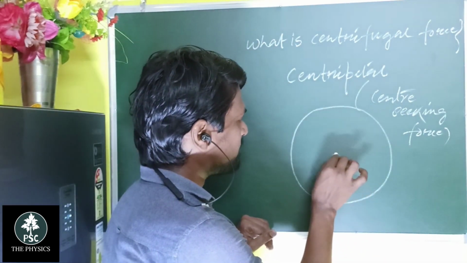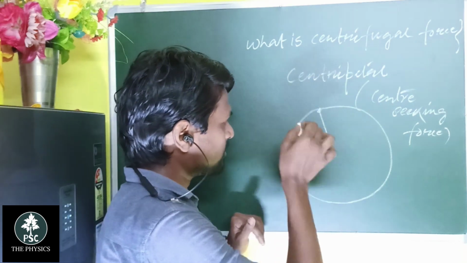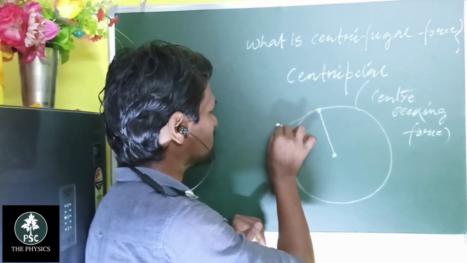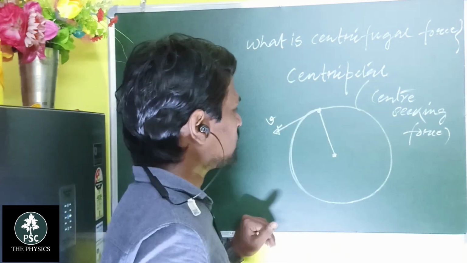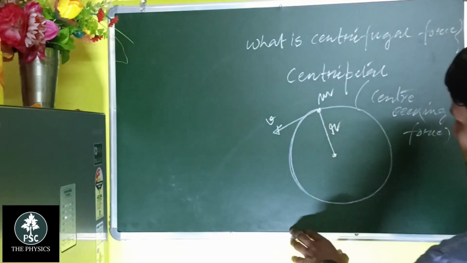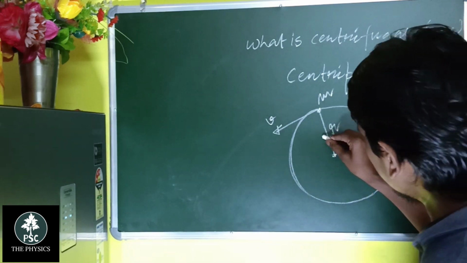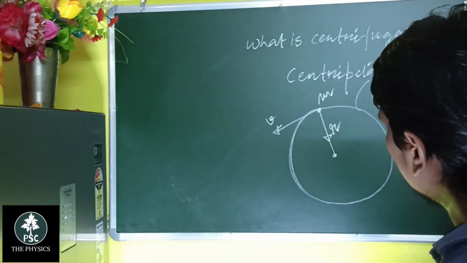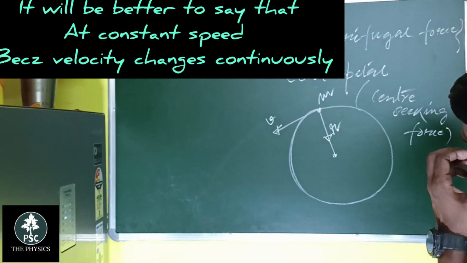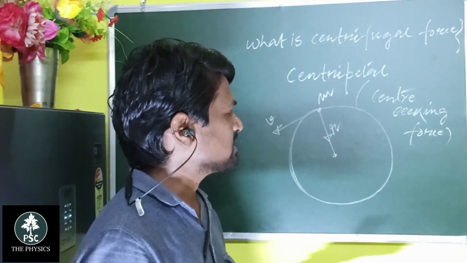So when a particle of a specific mass moves in a circular path with constant velocity, and this is the radius of the circular path, then a force acting towards the center is called centripetal force.